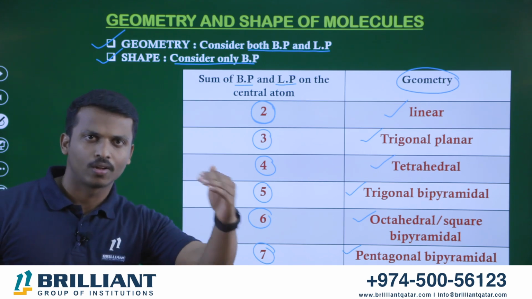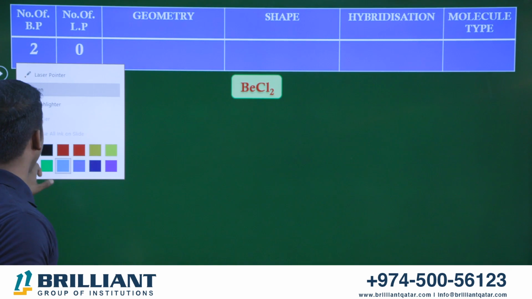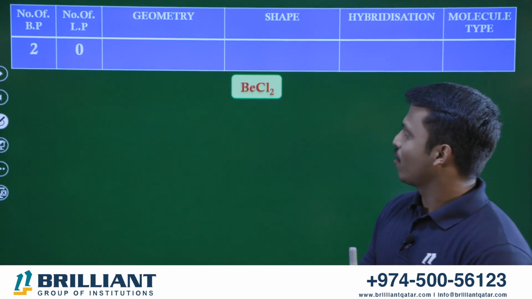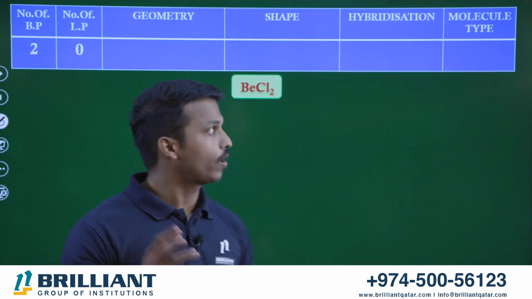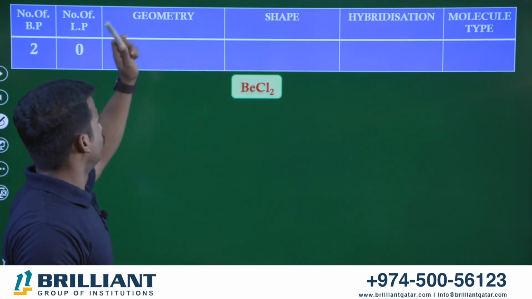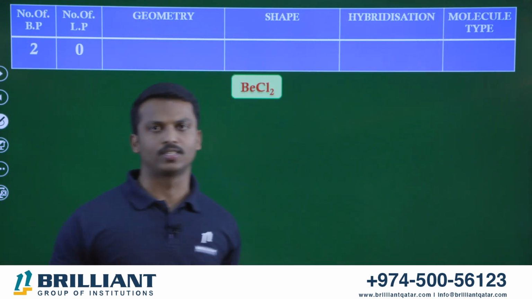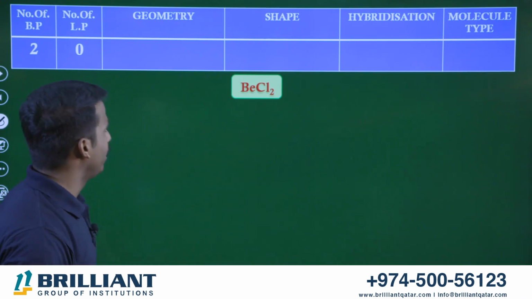Let me go to the concept. One by one we can discuss, dear all of you. Now we can move together. One by one we are going to discuss how to determine the shape, geometry, hybridization, and which molecule type it is, all together with examples.